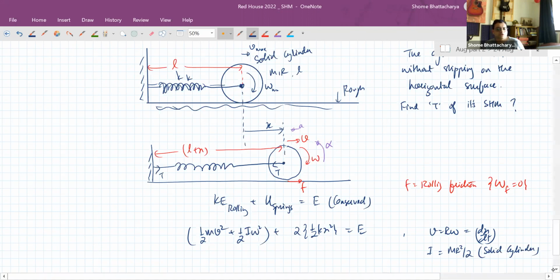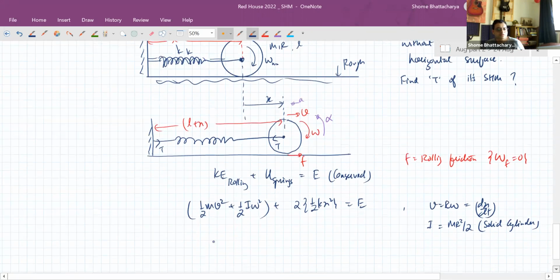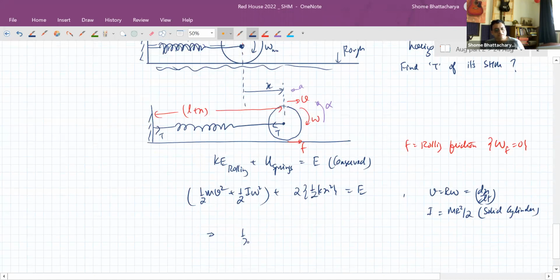So putting those two into perspective here, this becomes the rolling kinetic energy. You know that you can always write it like this directly also.